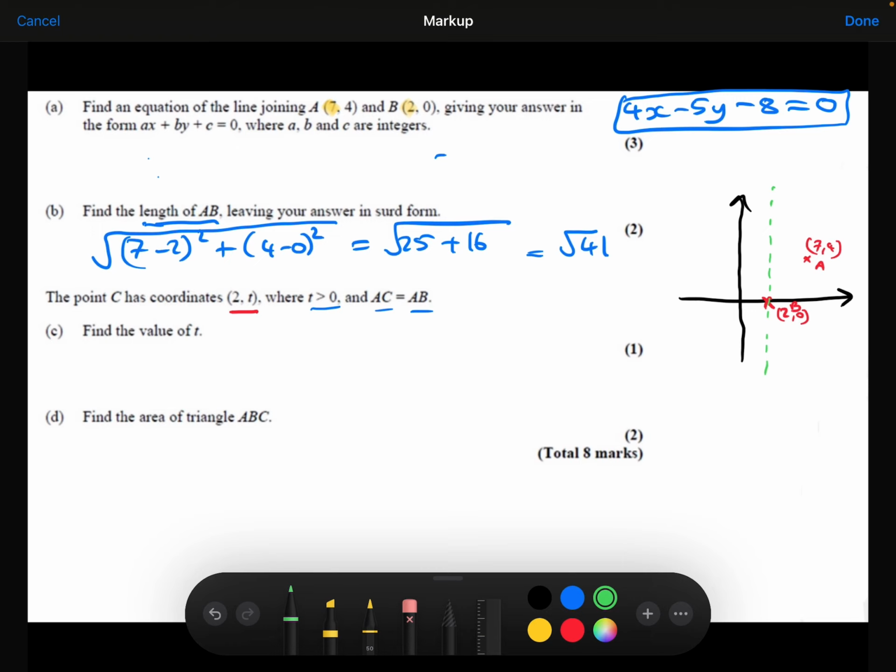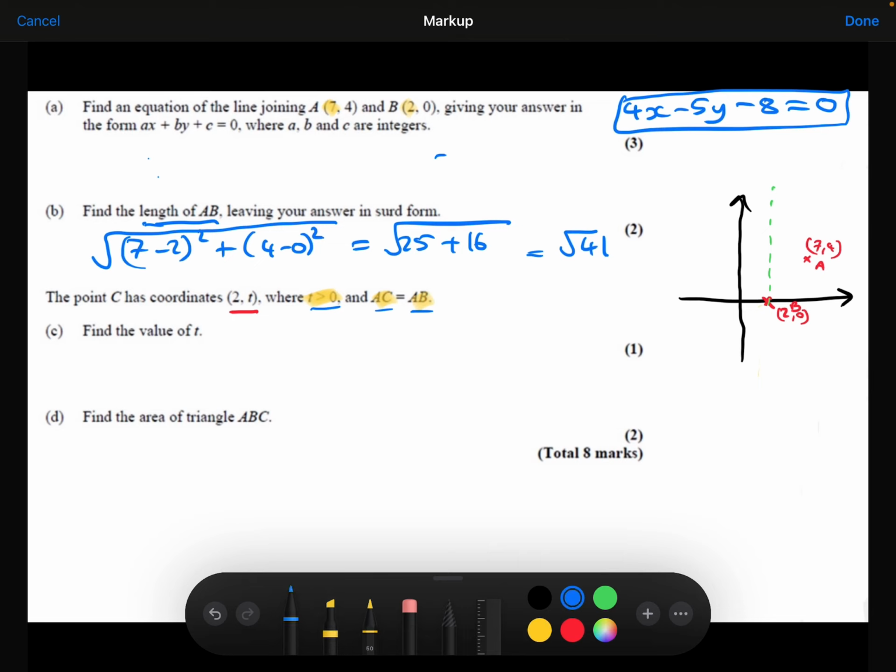In fact, I can go even better than that. I know it's not going to be down here, because down here the y coordinate would be negative, and I'm told that the y coordinate is positive. So I know it is not down here. So C has to be somewhere on this line, on the green dotted line. The final piece of information is I'm told that the length AC is equal to the length AB.